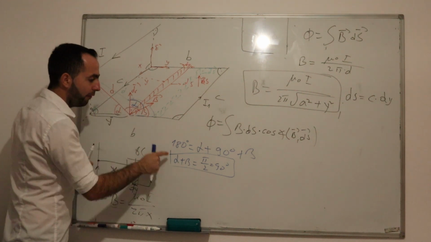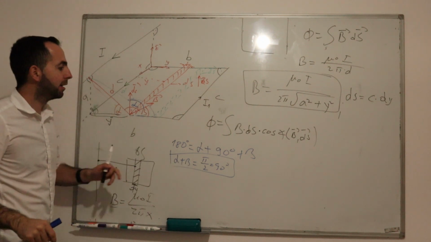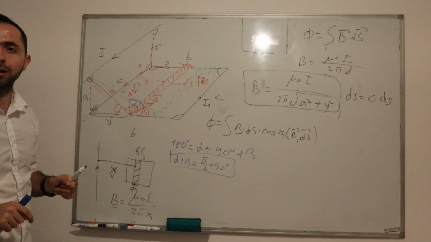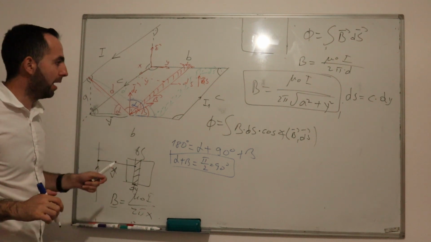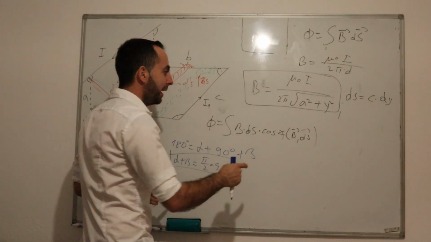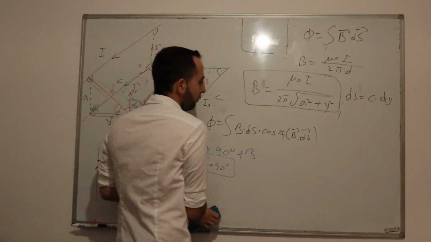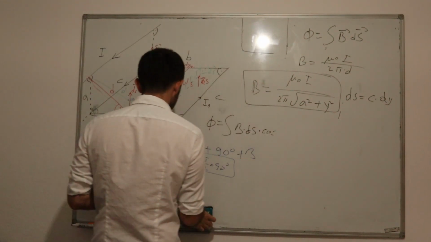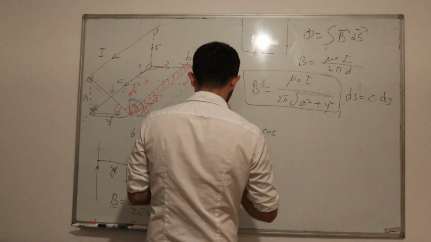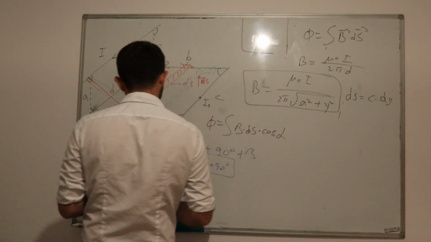Why? Because alpha plus beta is always 90 degrees. And now when I have found alpha, I actually need cosine alpha. So I will write this as cosine alpha.